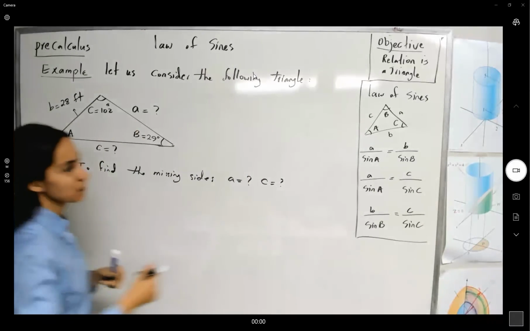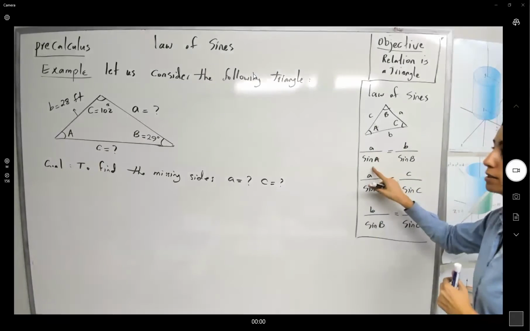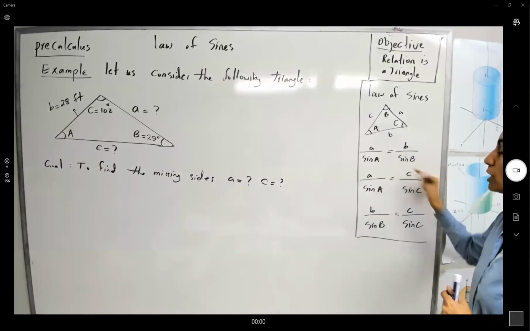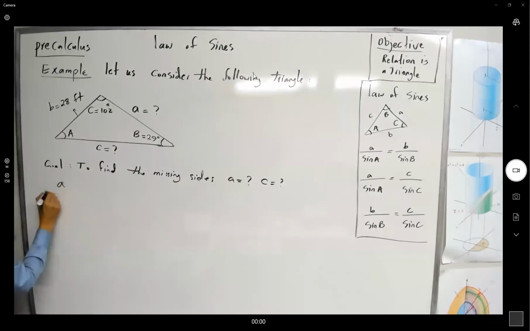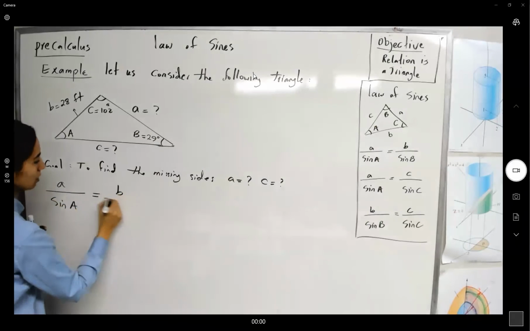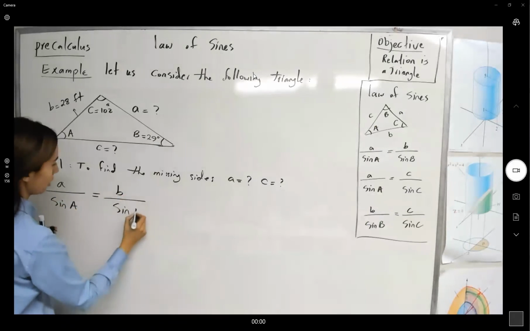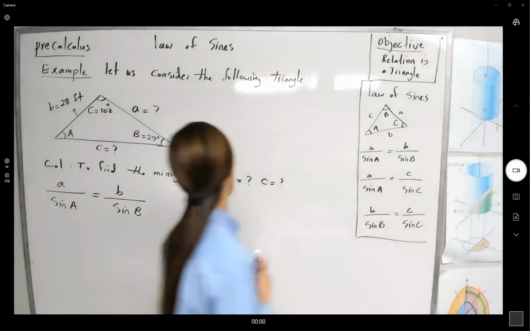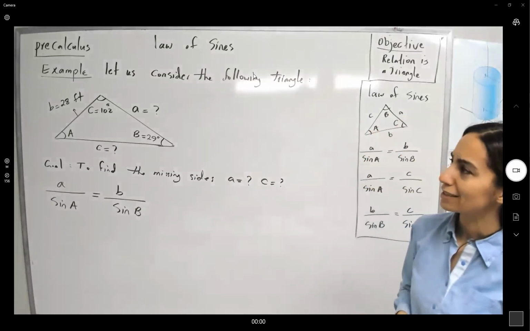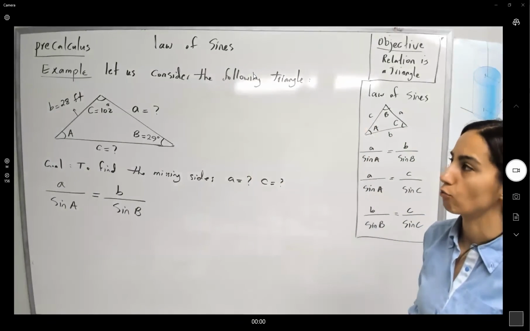We know that A divided by sine A is equal to B divided by sine B. So A is missing, of course.